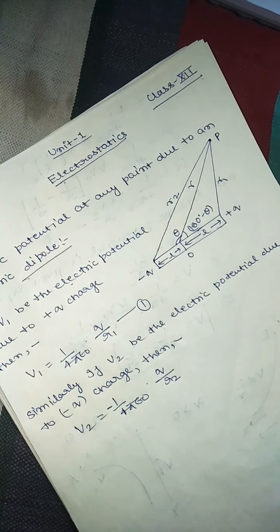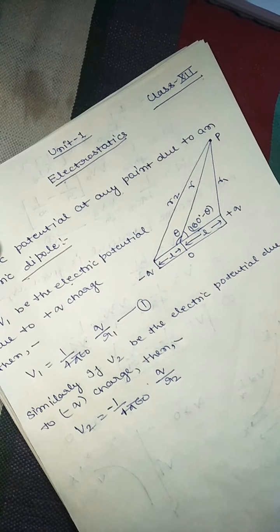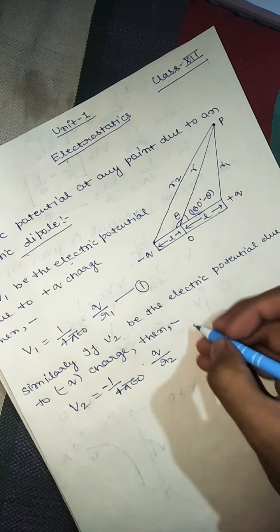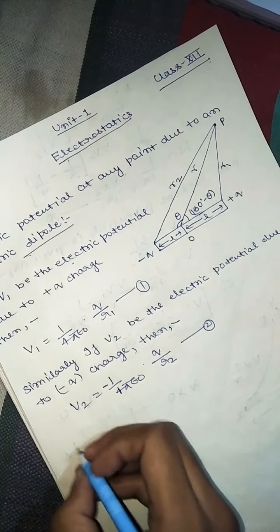Remember one thing, in electric field the negative sign will not be carried, but here it will be carried. So the value of V2 is minus 1 upon 4 pi epsilon naught q upon r2. This is equation number 2.